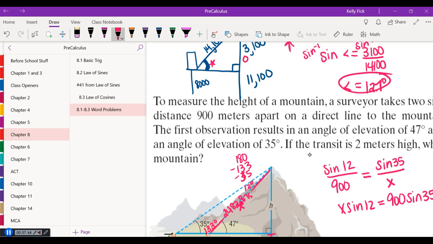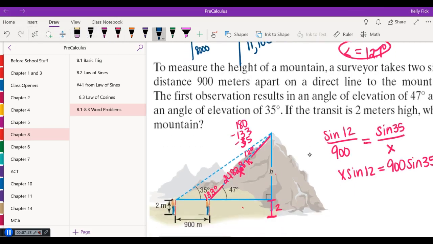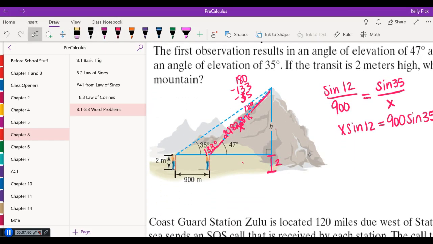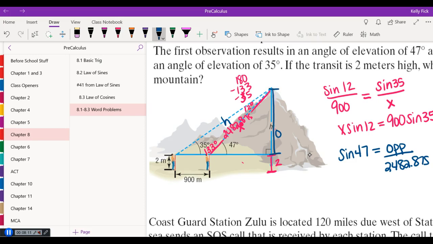Now that I have that, and that I know this is 47, I can use regular trig to find my h. Again, this is opposite and hypotenuse. So I'm going to do sine of 47 equals my opposite side over my hypotenuse, which is 2,482.875. Now this is going to let me find this distance, and then I'll add that 2 to it once I know that.